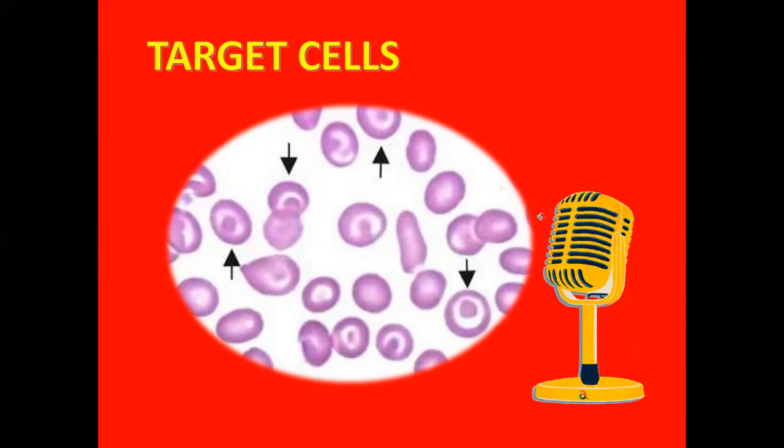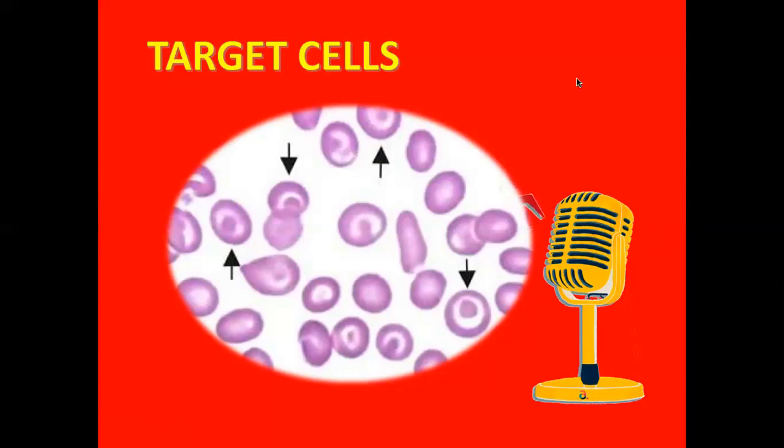So there are numerous synonymous terms for the target cells. Aside from codocytes, they may also be called bullseye cells because of this one. And if you view them under the electron microscope, you can observe a bell-shaped or tall hat shape. That's why they named it the Mexican hat cell.